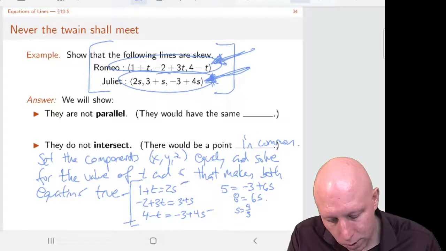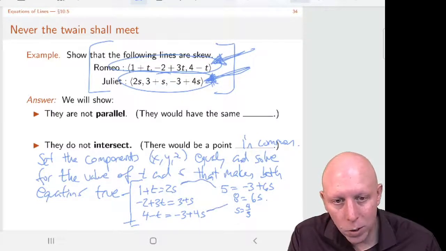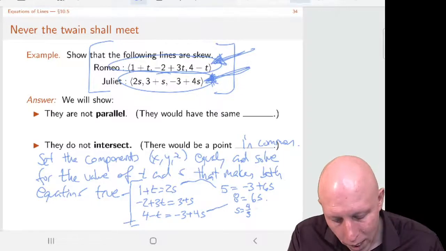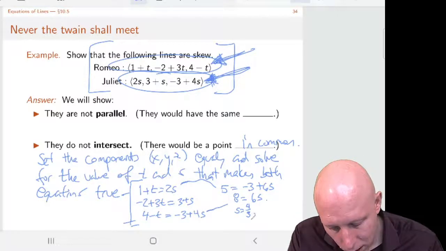And so if both first two equations are true, s is equal to 4/3, and what that means is that we can plug that in here and we get that 1 plus t is equal to 8/3. So t is equal to 5/3.